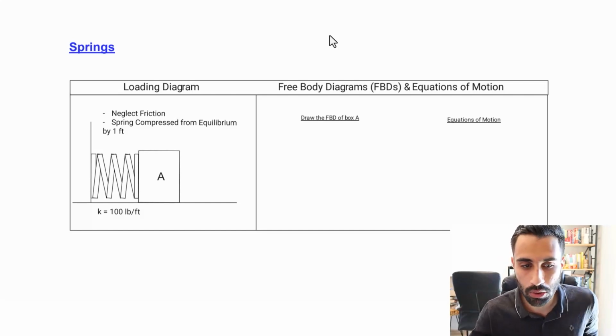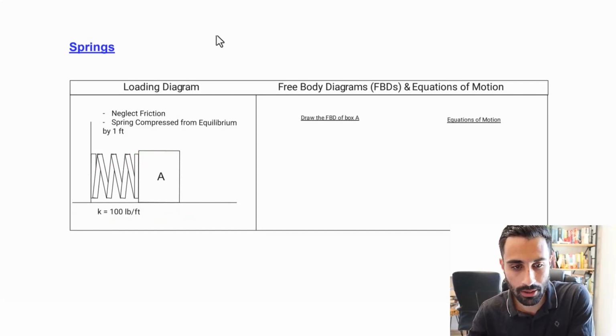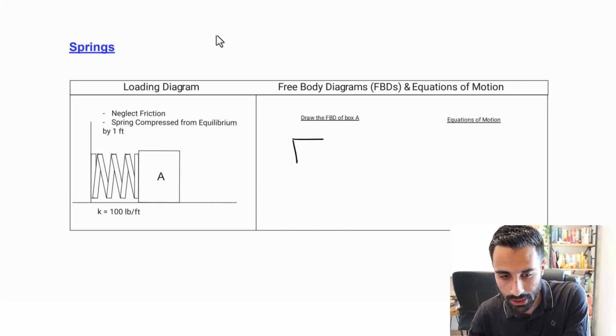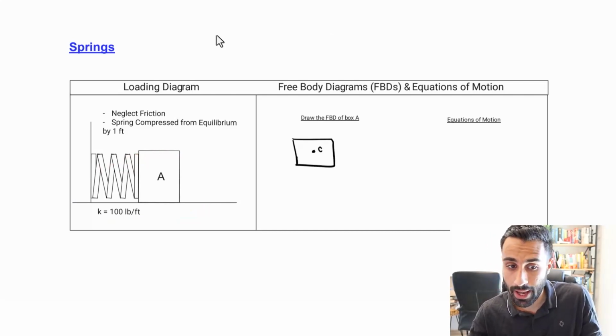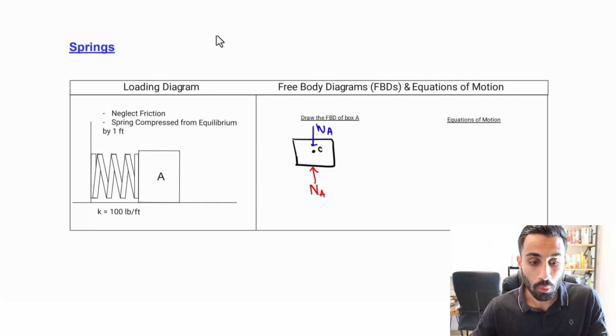What we would do is draw the free body diagram. So what I'm going to do is denote the box here. So the centroid is there. It does have the weight. So this is the weight of A. And it does have a normal force going up here at A. We have the spring.